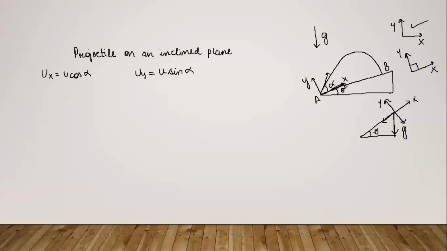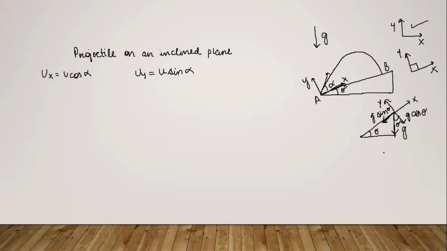As this angle is theta, this angle will also be theta, and because this is G, this component will come out to be G cos theta, and similarly this x component will come out to be G sin theta. I have just extended this x and the y axis in the negative directions so that we can easily resolve the vector G.